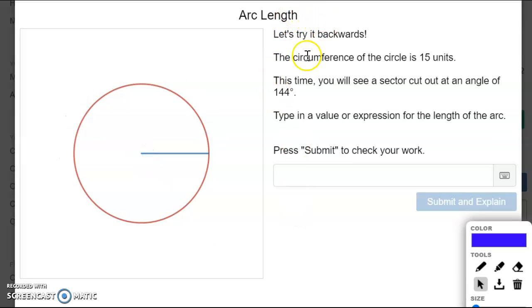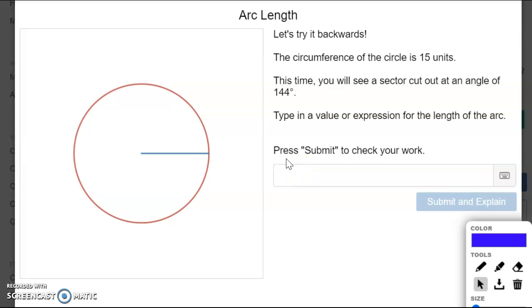Let's try backwards. The circumference of the circle is 15 units. This time you will see a sector cut out at an angle of 144 degrees. Type in the value of expression for the length of the arc. So we're really dealing with 144 degrees out of the possible 360 degrees, right?